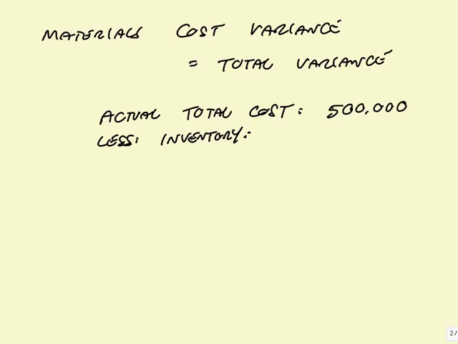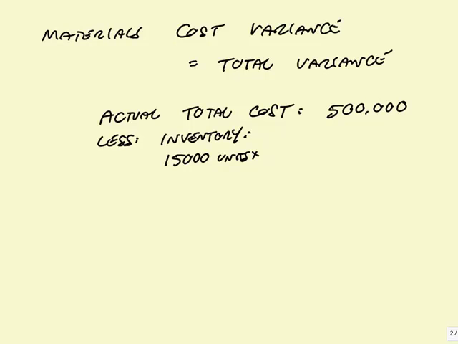How many units were left in inventory? 15,000. And can anyone remember, now it's unlikely he'll do this, but I want to do it to be safe. Can anyone remember, in management accounting, how do we value inventories?